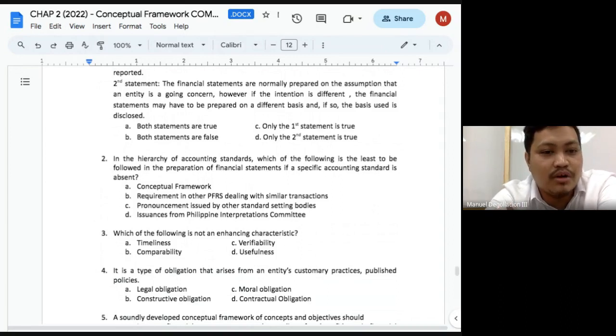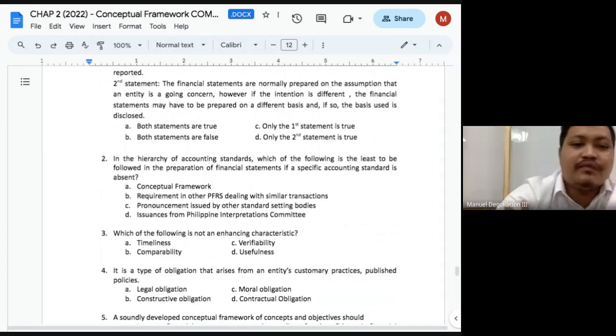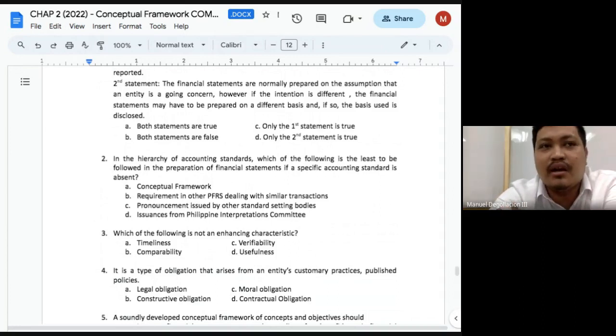It would be your letter B, requirement in other PFRS dealing with similar and related transactions. Okay? And if letter B does not exist, that is the time that we will be referring to your letter A, conceptual framework. The one with the least weight here would be your letter C.